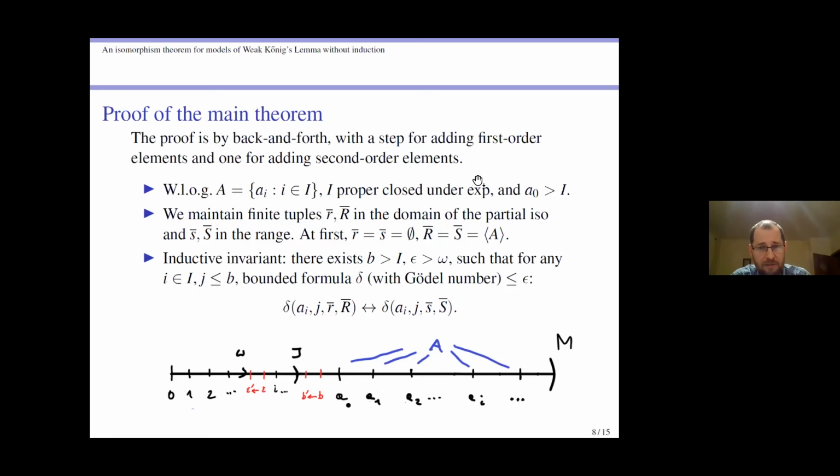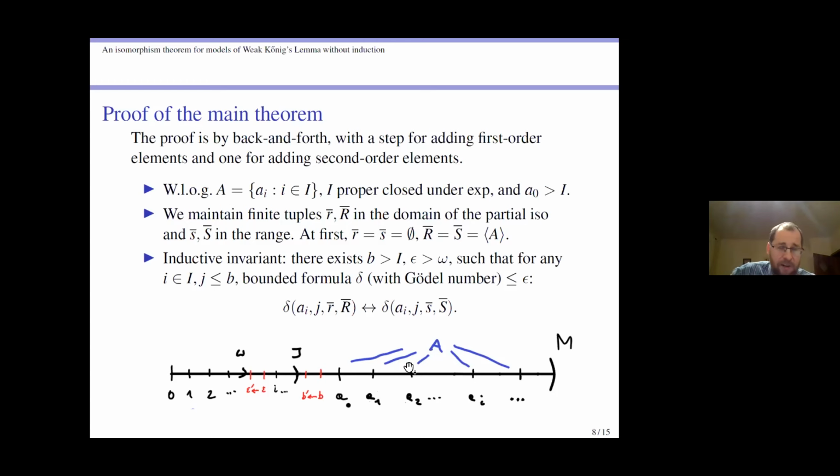We can always take this sort of cut indexing a sparse infinite set. And we can also cut off some elements. This will not violate the closure under exponentiation because you start with a cut closed under exponentiation. So we can also assume that the smallest element of this set A is above the cut. So the picture can be like that.